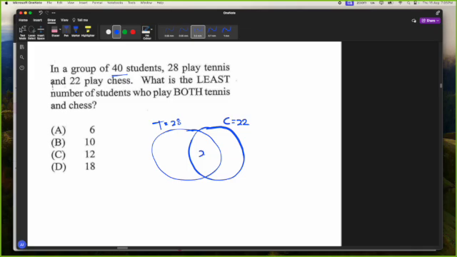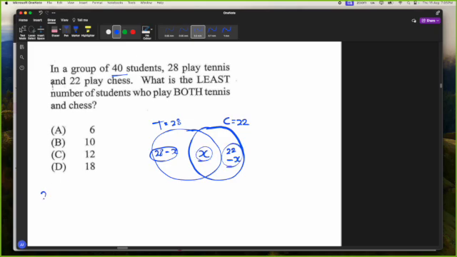Well, I will say that X amount of students will play tennis and chess. So X amount of students playing both tennis and chess. And so that means that the amount of students playing tennis only will be the total 28 minus the X. And then the amount of students playing chess only will be the total 22 minus the X. And so what I'll be left with is the total amount of students, which is this plus this plus this.